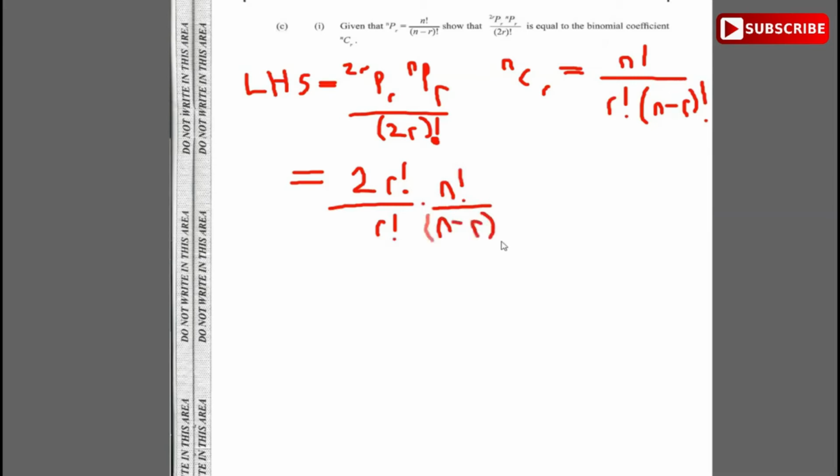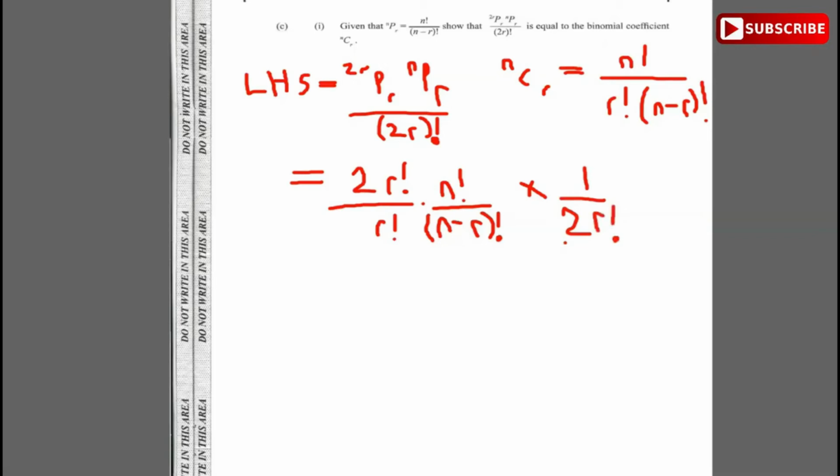and it is being divided by 2r factorial. Since it's being divided by 2r factorial, we can rewrite it as being multiplied by 1 over 2r factorial. That's what division means.